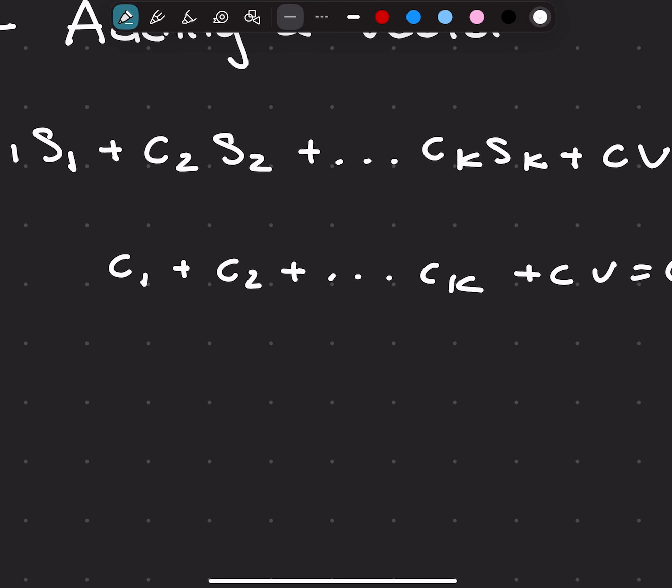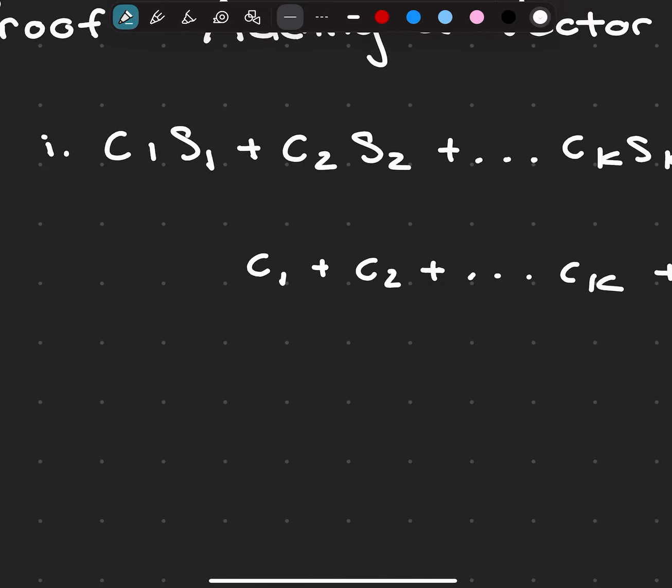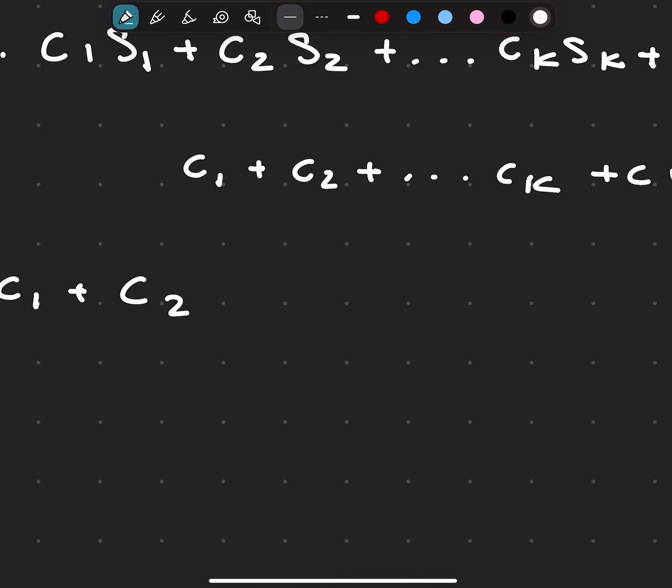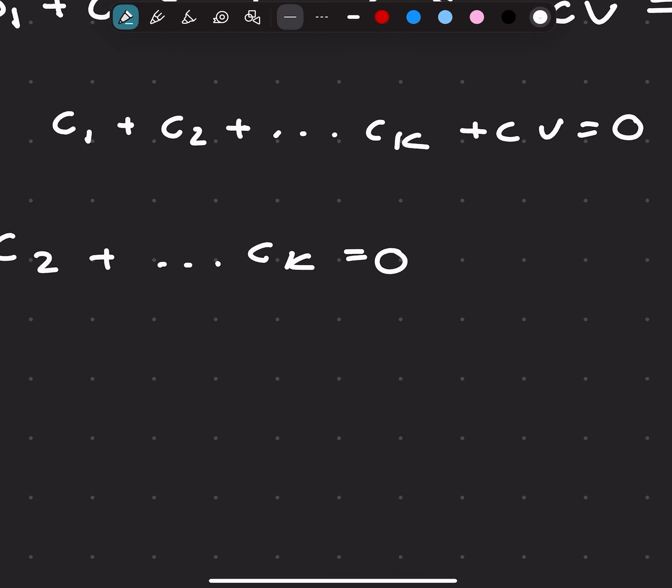Now we can assume a linear combination c1 s1 plus c2 s2 plus ... plus ck sk equals 0 and show all coefficients must be 0.